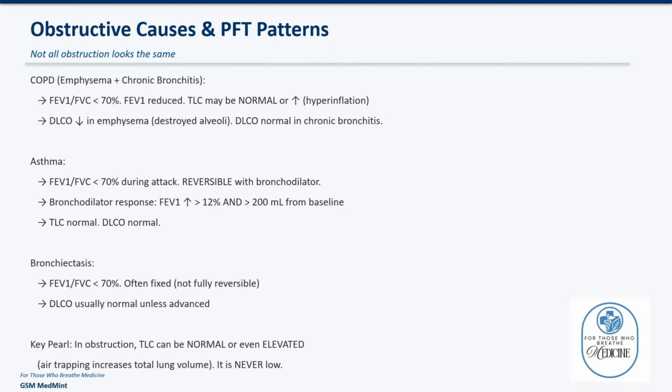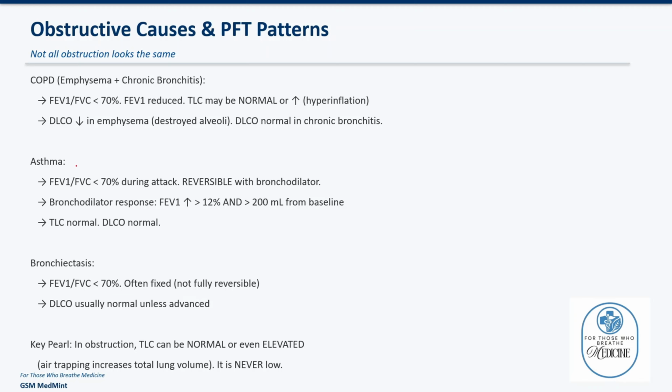Now, not all obstructions look the same on the PFTs. Let's break it down. COPD, the emphysema plus chronic bronchitis, the FEV1 over FVC is less than 70%. The FEV1 is reduced. The TLC may be normal or even elevated due to air trapping.